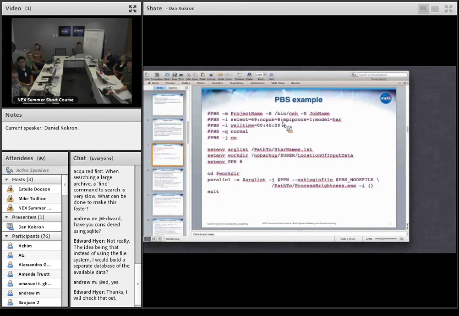What's the difference between the QSUB and adding an ampersand at the end of the command line? The ampersand will only work interactively.